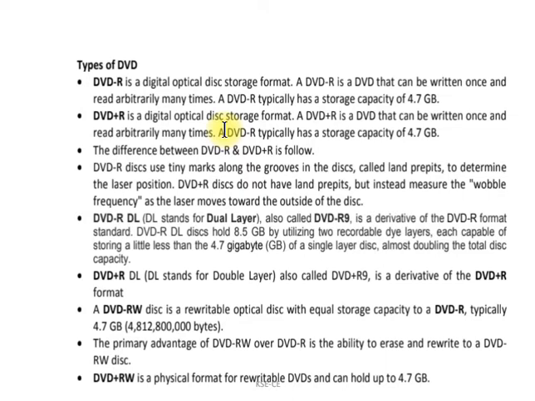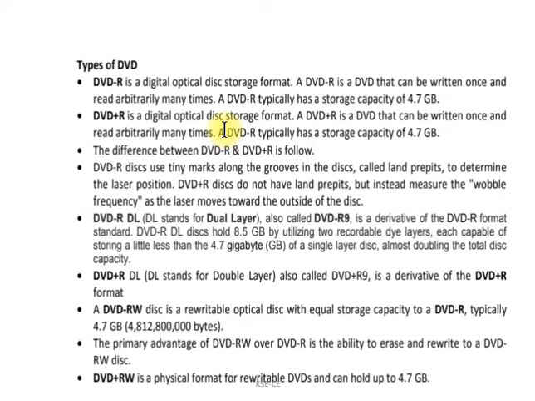But what is the basic difference between DVD-R and DVD-R plus? In the DVD-R, the spiral uses pits and lands, but in the DVD-R plus, the spiral uses frequency, that is, depending on a wobble frequency.